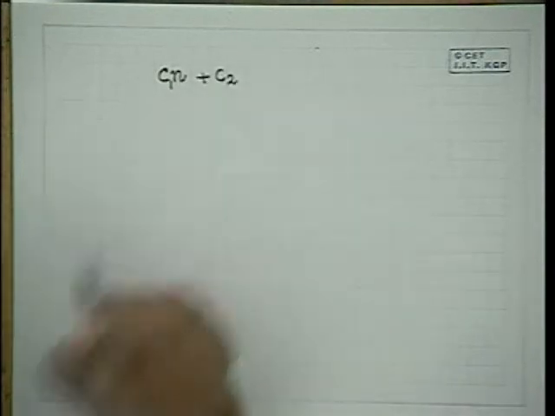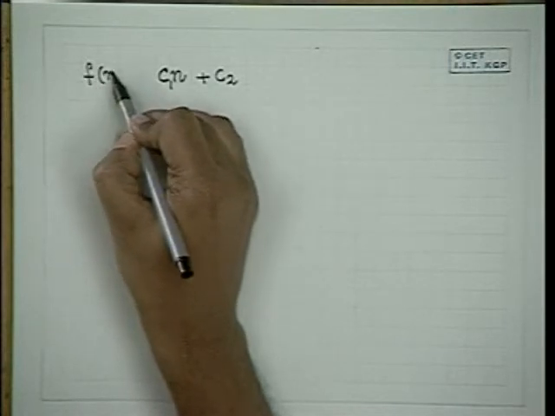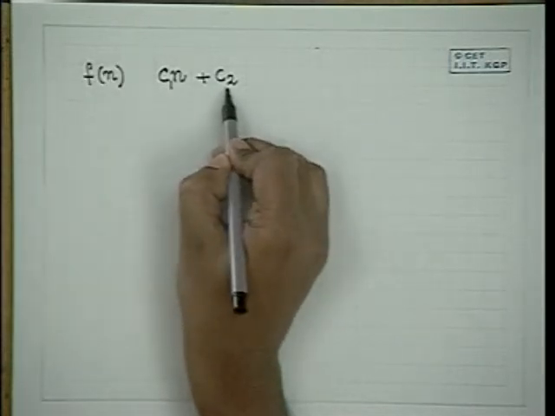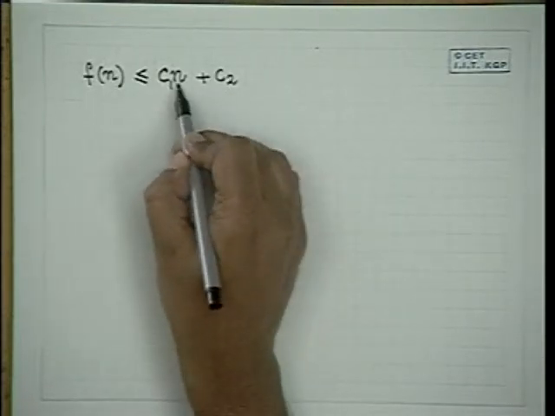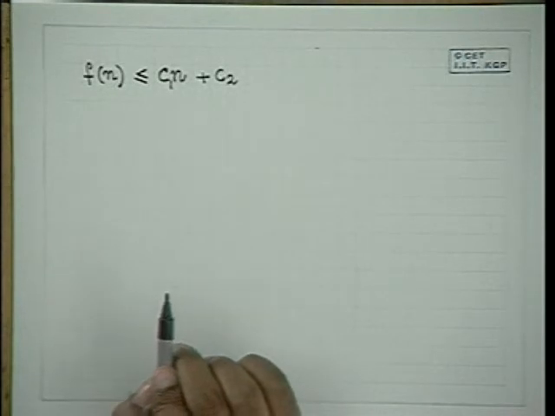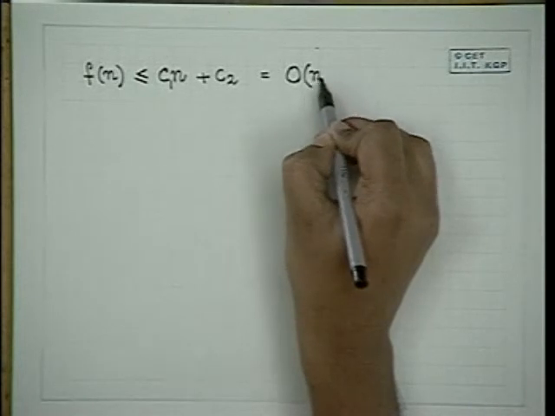So we will look at asymptotic complexity. And asymptotic complexity, given a function C1n plus C2, that is, if the complexity function F(n), whatever you have computed, is bounded, that is, it will take less than C1n plus C2 time, we say it is order n.